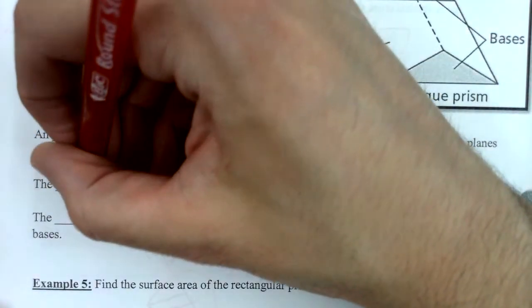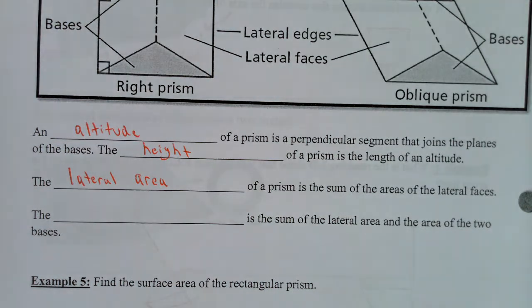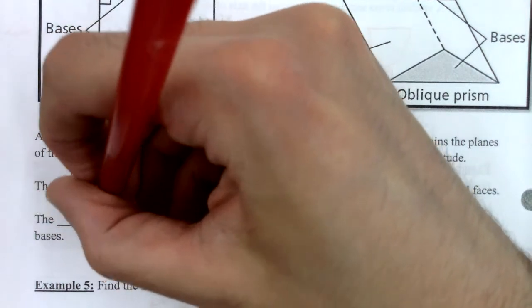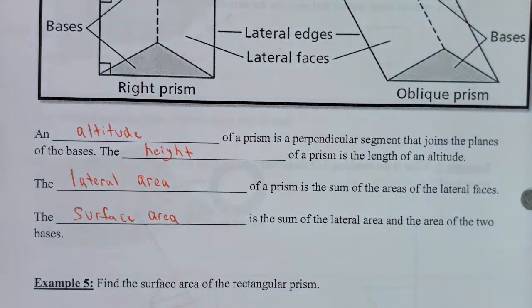I'm not going to do too much with that. I just want to give you that definition. We're going to focus on the next definition, which is the surface area is the sum of the lateral area and the area of the 2 bases. Basically, it means you add up the area of each face.